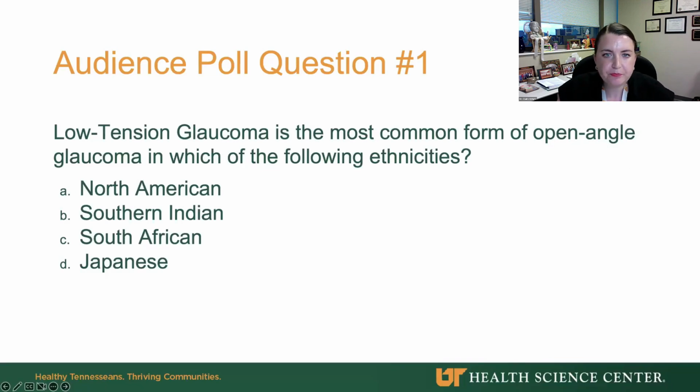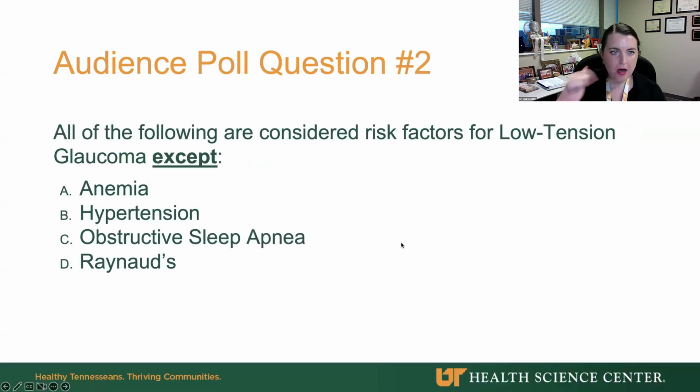All right, so a pretty good spread of responses. So hopefully this question will be answered in this lecture. Next question: all of the following are considered risk factors for low tension glaucoma or associations, except A, anemia, B, hypertension, C, obstructive sleep apnea, or D, Raynaud's phenomenon.